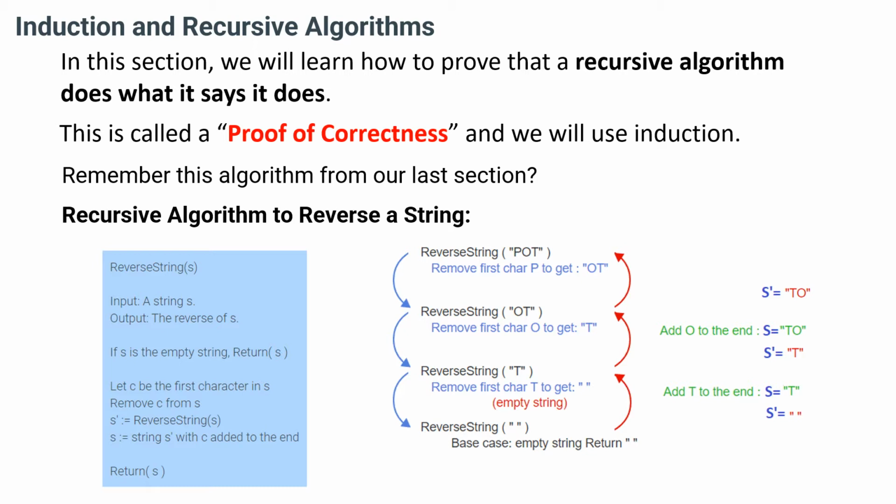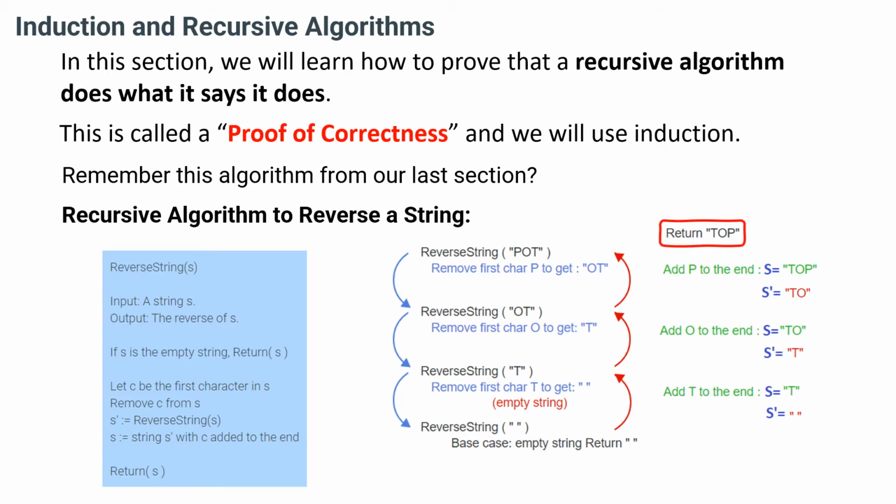So we'll put the P at the end, and so we have TOP. And we have indeed, then, we can tell by this example, anyway, that we did take the string POT and reverse it to TOP. So the final result would be TOP.